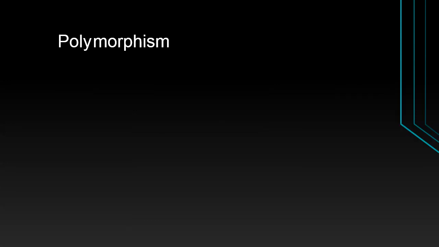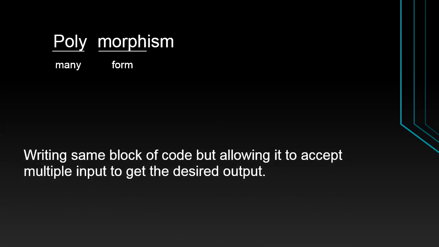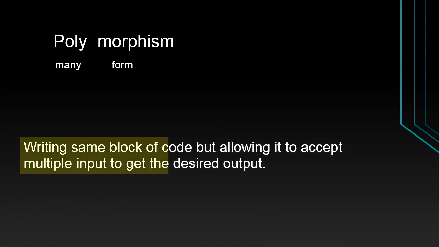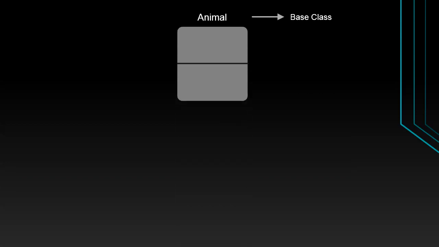Now we shall discuss the last concept of this video, that is polymorphism. Polymorphism basically means many forms, that is writing the same block of code but allowing it to accept multiple inputs to get the desired output. For example, consider a base class animal with name, age, sound as its properties and speak as its method.